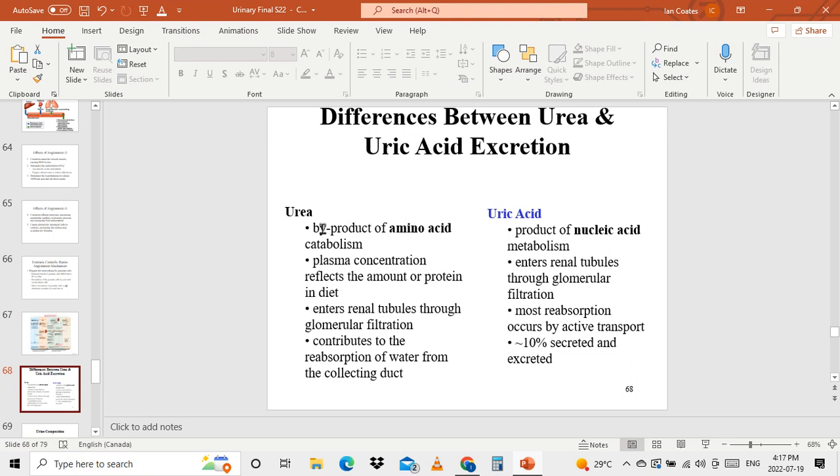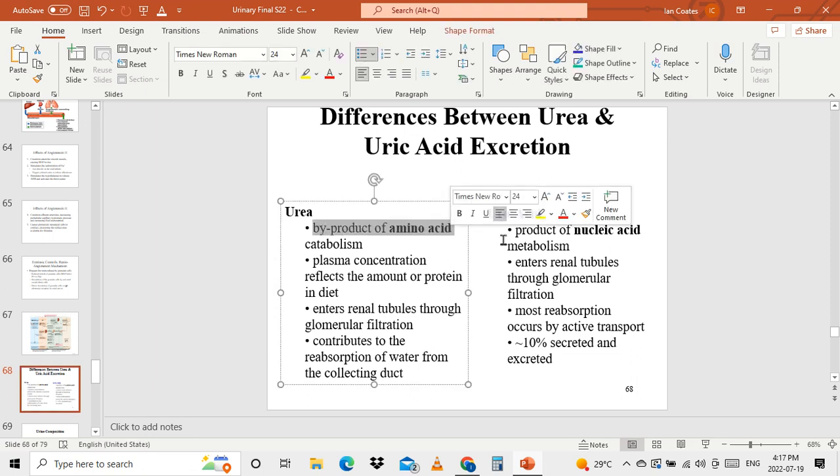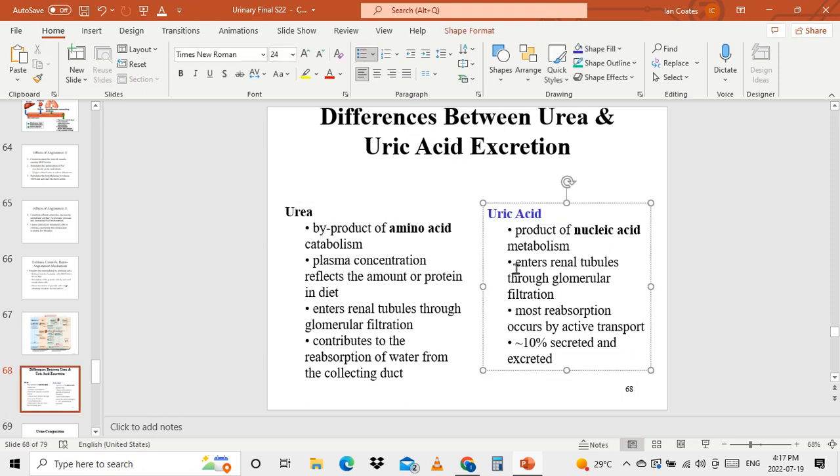Urea is a byproduct of amino acid, where uric acid is a byproduct of nucleic acid metabolism. It also enters the renal tubules through glomerular filtration. Most reabsorption occurs by active transport. About 10% can be secreted or excreted either way. So just little differences. Urea comes from amino acid. Uric acid comes from nucleic acid.